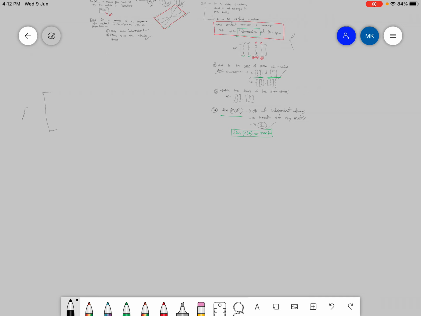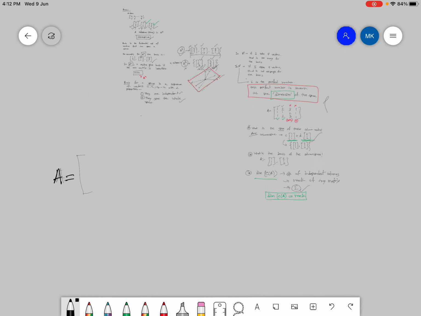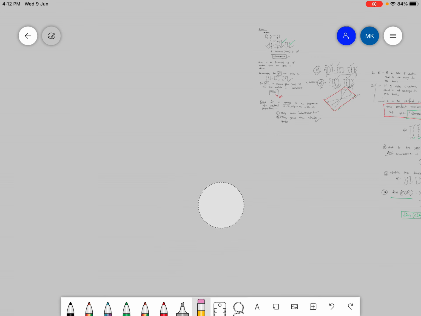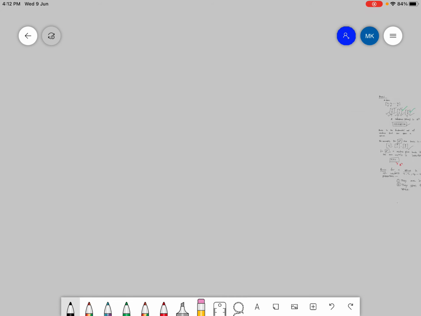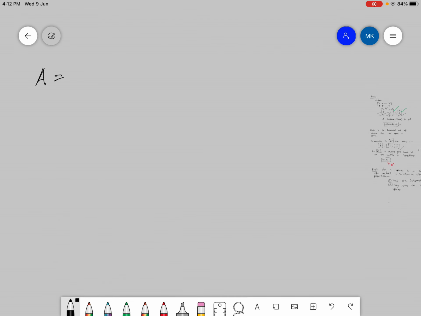So let's say you had this matrix. Sorry for the delay. So the initial matrix was this one: 1 1 1 2, 1 2 3 2, 3 1 1 1.